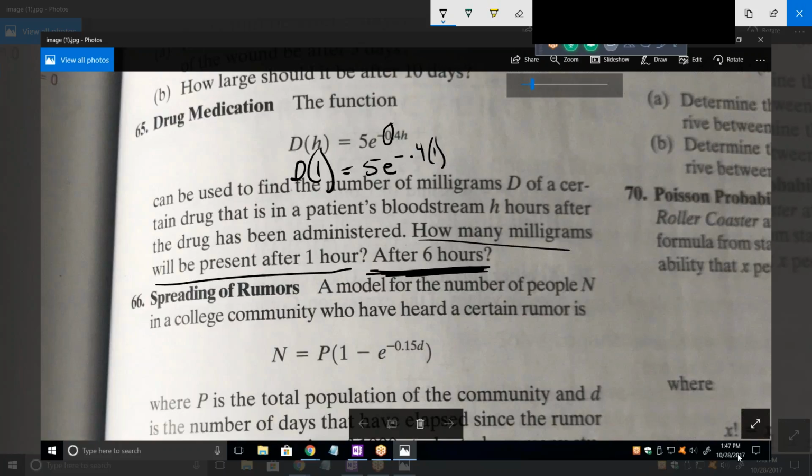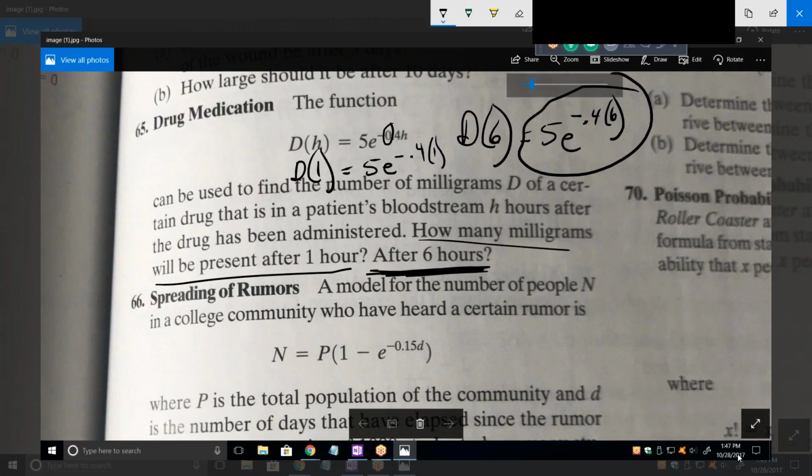And the answer to this part, what is that? D of what? 6. Correct. So D of 6 is you're just going to substitute 6 wherever you see H. Again, you're getting those numbers out of your calculator.